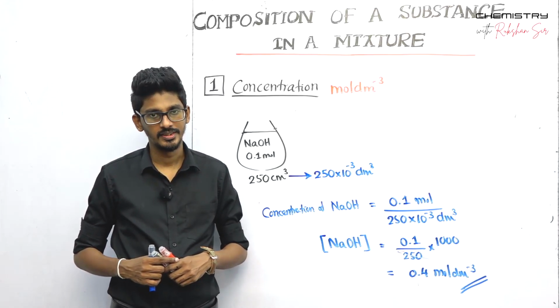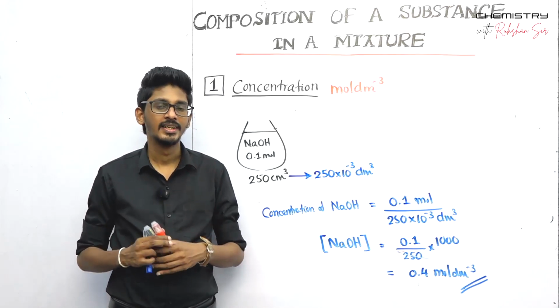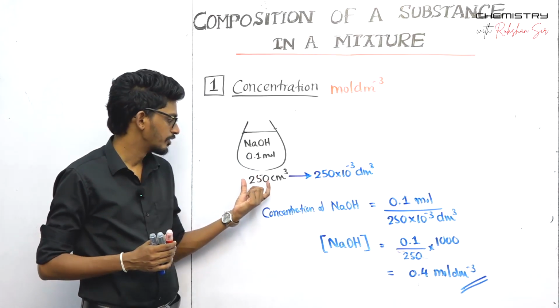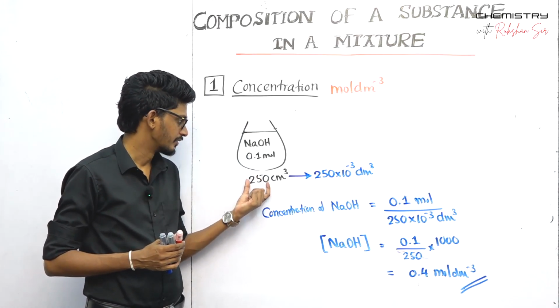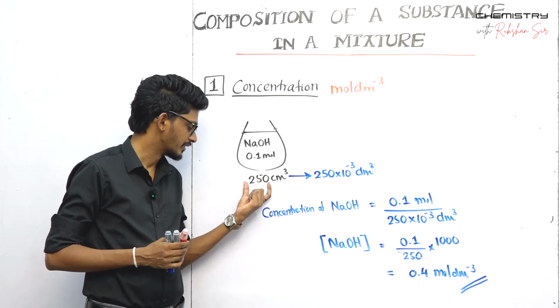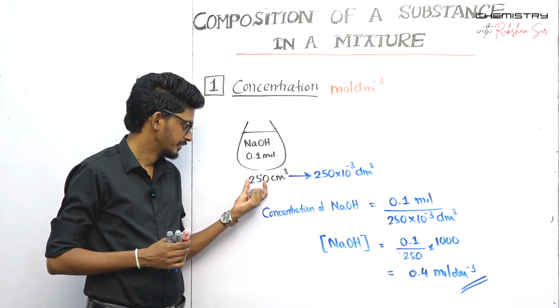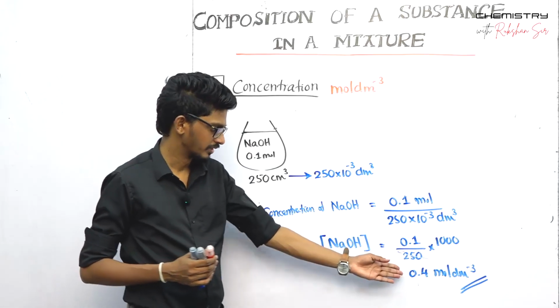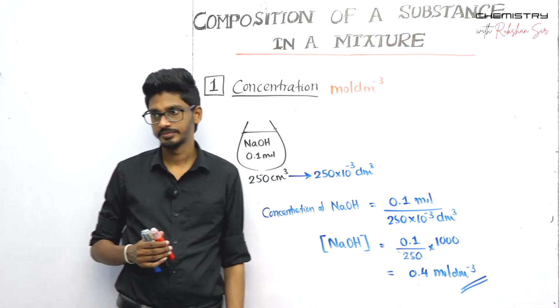Simply, the concentration of a substance means the number of moles in 1 liter of solution. So here 250 milliliters contains 0.1 moles, which means 1 liter contains 4 times that. Simple as that. That is what you got from the calculation.